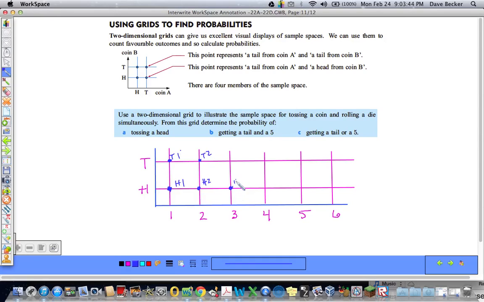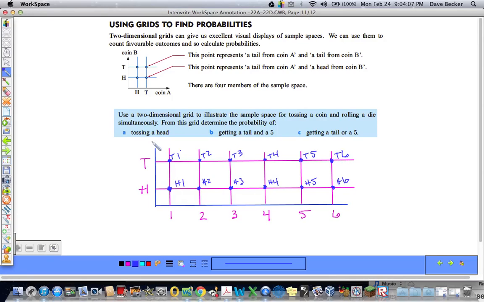Heads 3, tails 3. Heads 4, tails 4. Heads 5, tails 5, you get the idea. And heads 6, tails 6. It's a nice little tool to have.